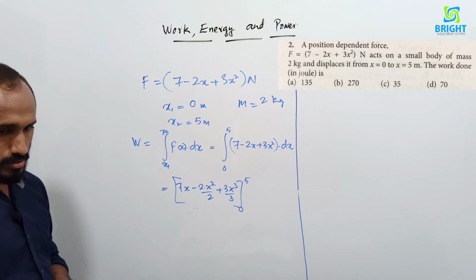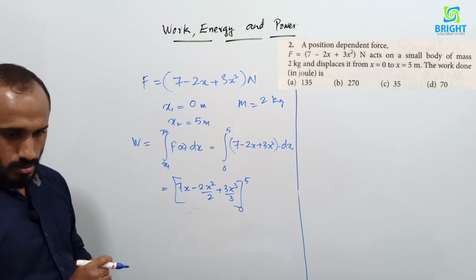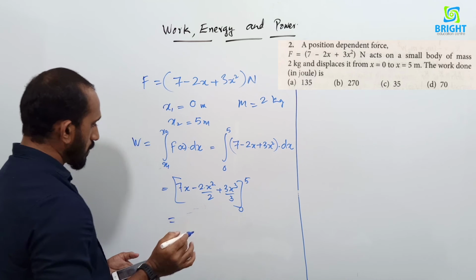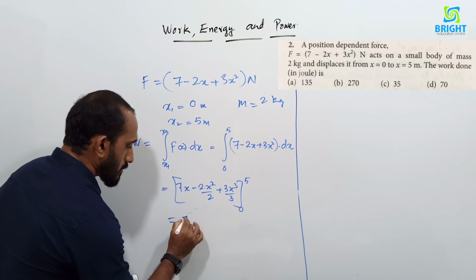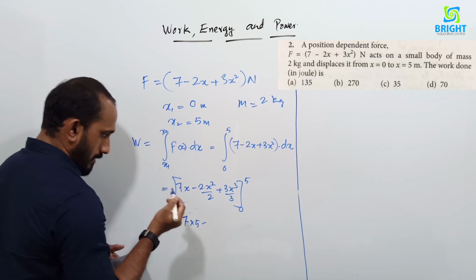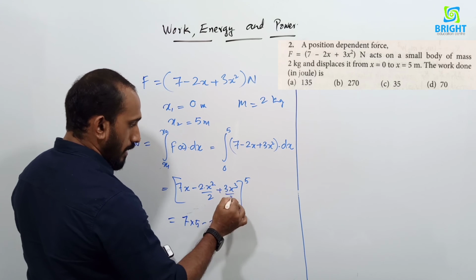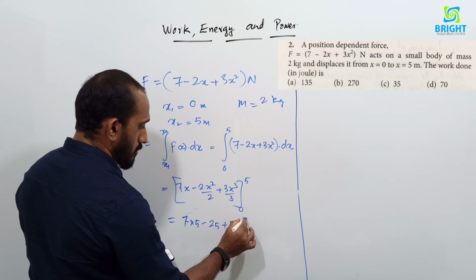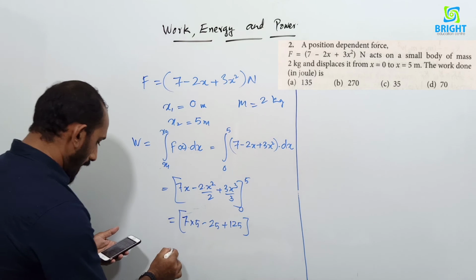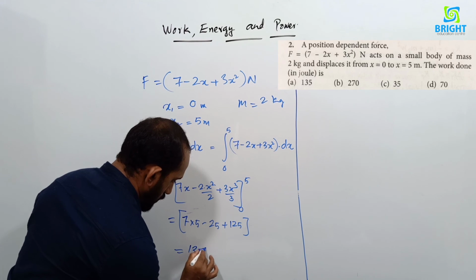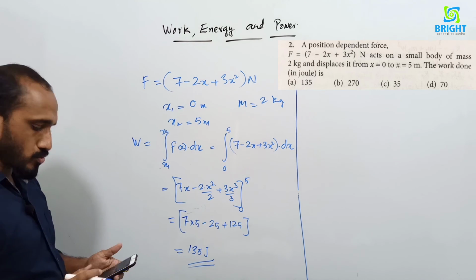The positions 0 to 5 you have to keep. You apply the upper limit and then lower limit. So it will become 7 into 5 minus 25, 5 square will come, plus 5 cube is 125, minus 0 if you substitute it, and that is the final answer. That's the work done in this case.